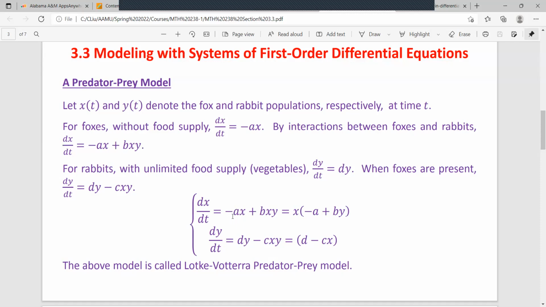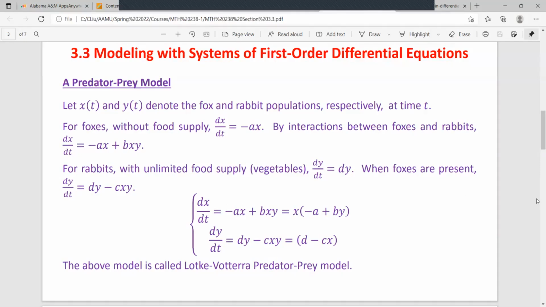When there are no rabbits, then the population of the foxes will eventually die out.